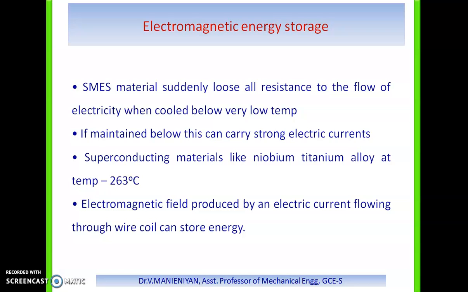If the coil or wire were made of a superconducting material and kept at very low temperatures, resistance losses would be very low, and once initiated, the electric current would remain almost constant. The electric energy supplied as direct current to the wire or coil would be stored in the electromagnetic field.